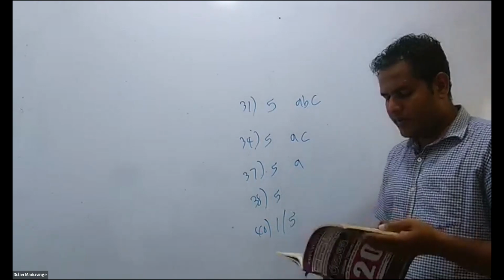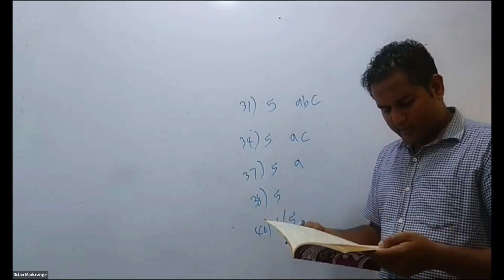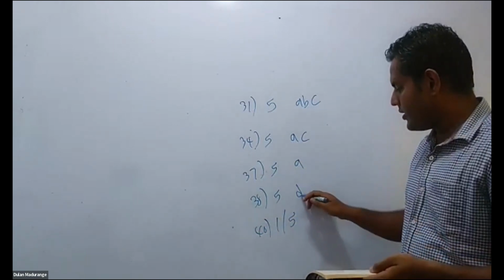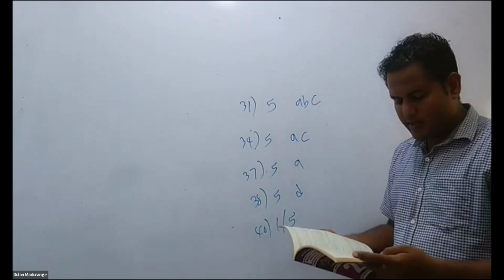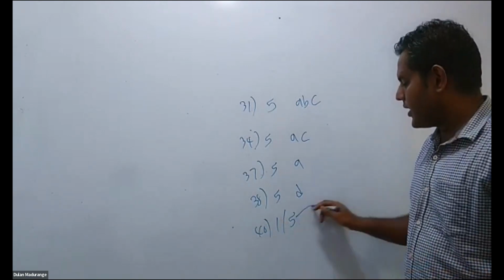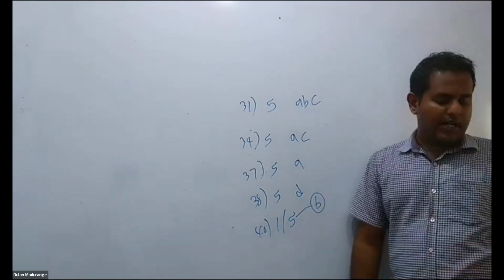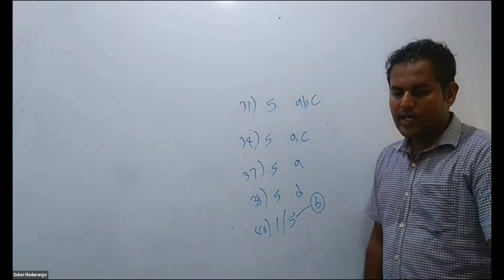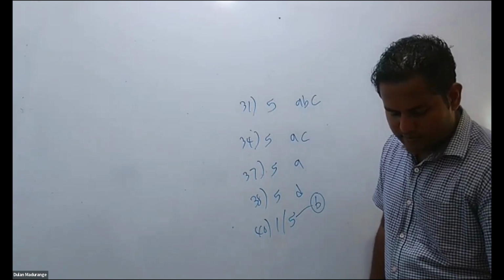I mean, that's why the answer is 5, right? 38, only D is correct. Okay, write this. Question 40, only B is correct. So taking this into account, we can take answer number 5, right? Especially for questions 31 to 40, we can take that answer.